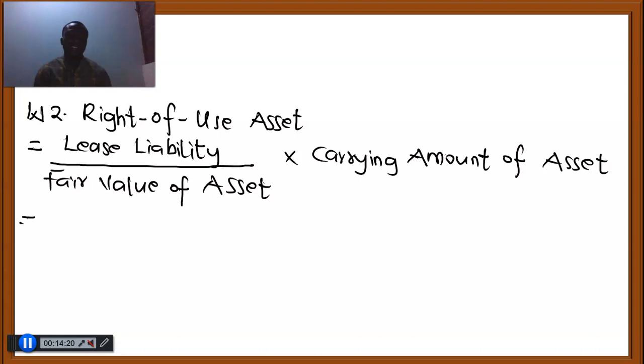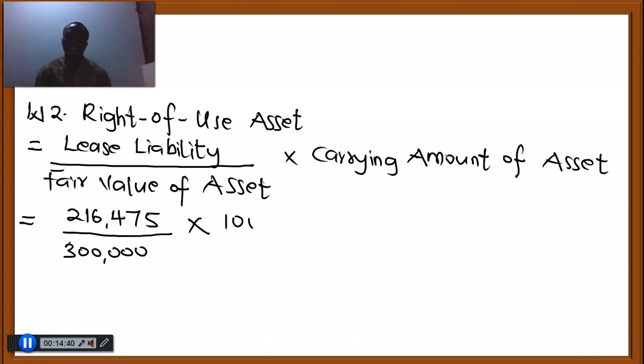We just calculated the lease liability and we got a figure of 216,475, so that would be the numerator. And in the question we are told the fair value of the assets is 300,000. So we have 300,000 here. And we are also told the carrying amount of the asset was 100,000.